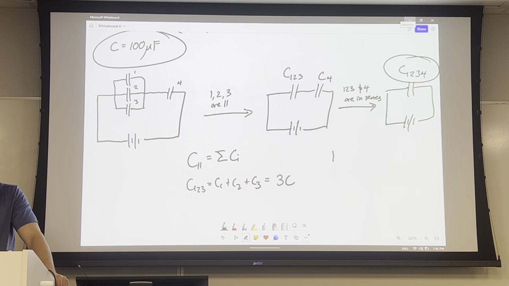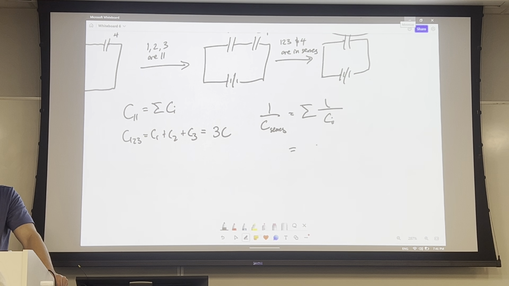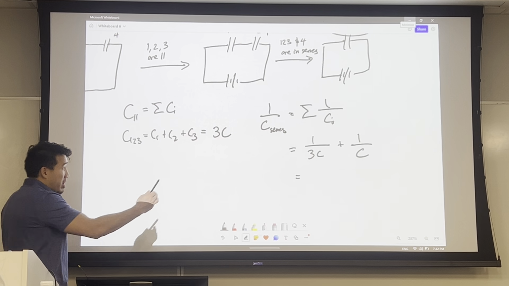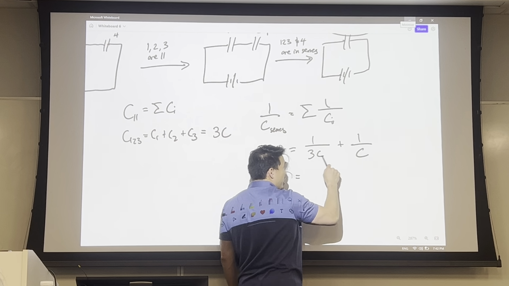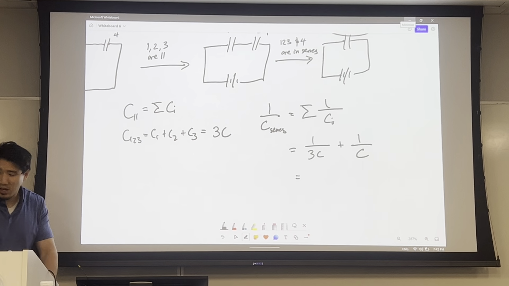Here, C123 and C4 are in series. And in series, 1 over C series is equal to the sum of 1 over Ci, which is going to be 1 over 3C plus 1 over C. To be able to add, we want the same denominator, so we multiply this by 3 over 3 so that the denominators are the same.